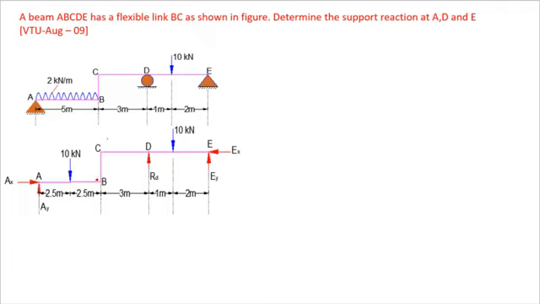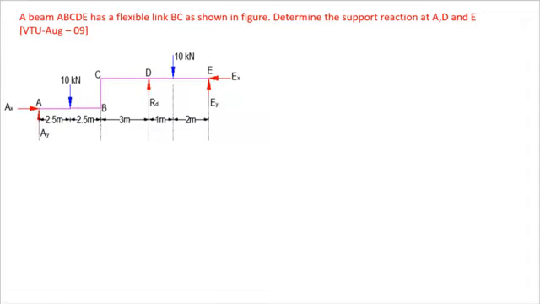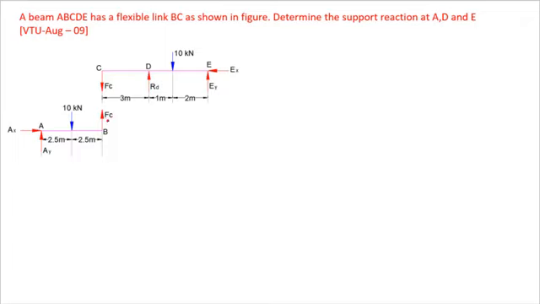So I need to convert this into two beams. This is one beam and this is the second beam, and they are connected by CB, which will be under tension. So I cut CB in tension, that is FC, here B to C it is FC.